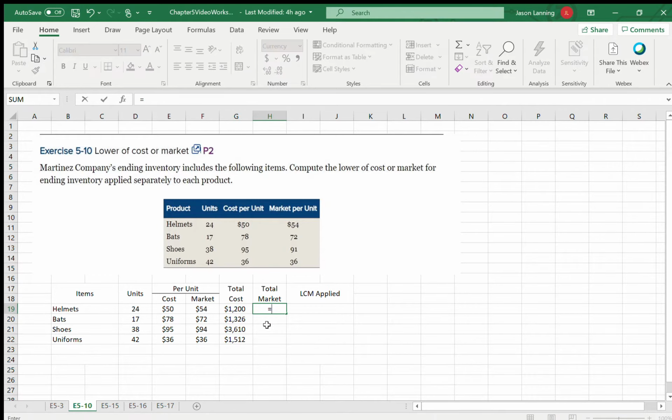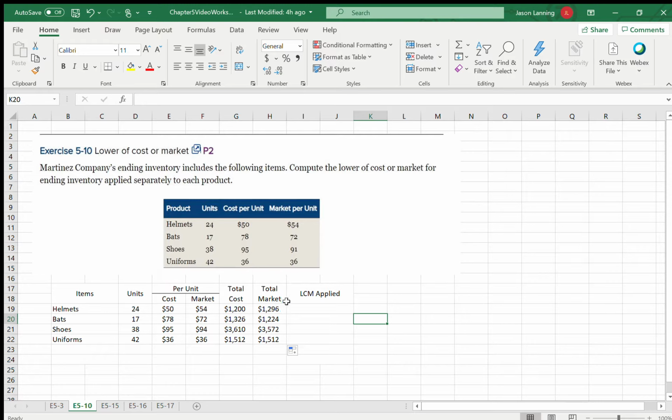For market, we again take the number of units and multiply it by the per unit market price. So we have both what everything cost us and what the market value of those items is.